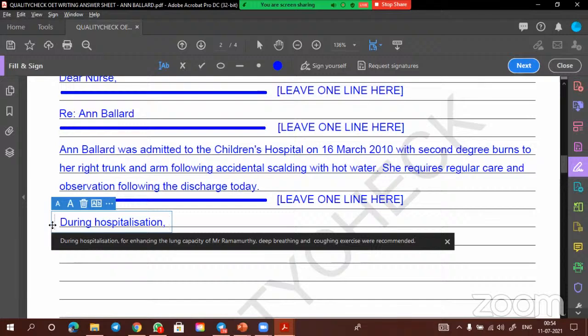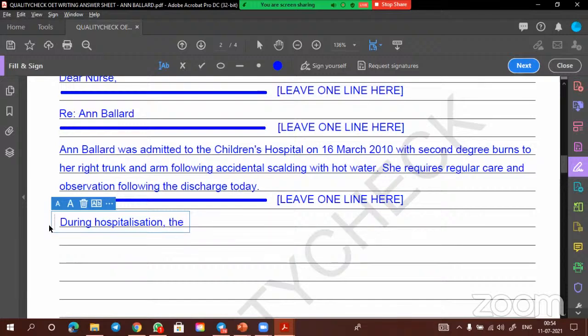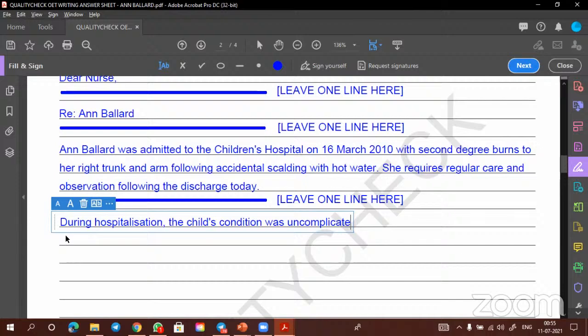So during hospitalization, the child's condition was uncomplicated, or without any complications. Children's hospital.